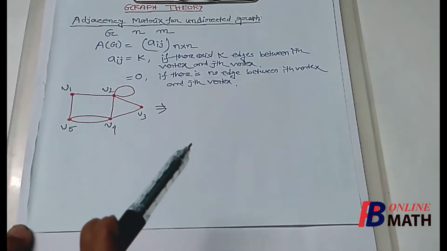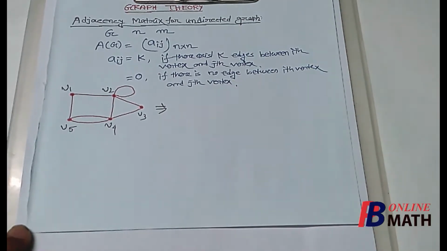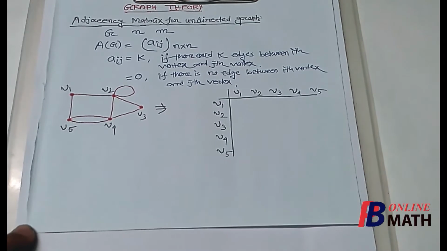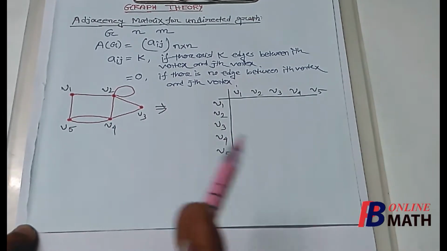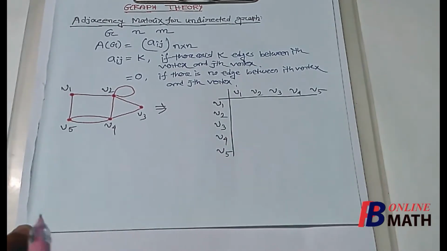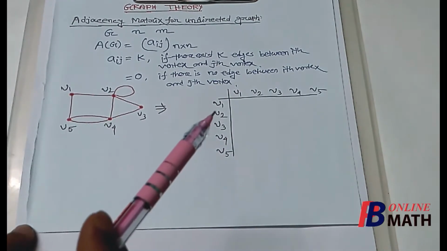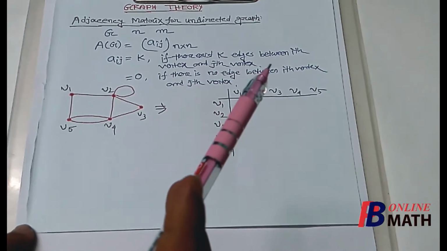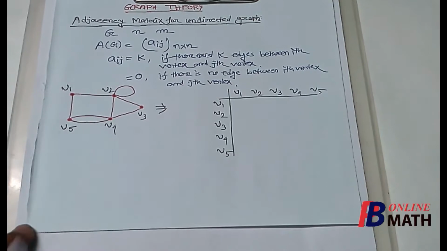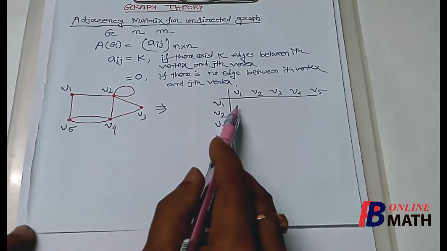Since we know that adjacency matrix is a 5 cross 5 matrix, so let this be the adjacency matrix which has 5 rows and 5 columns. Now the rule is that we shall put Aij equal to k if there are k edges between ith vertex and jth vertex.